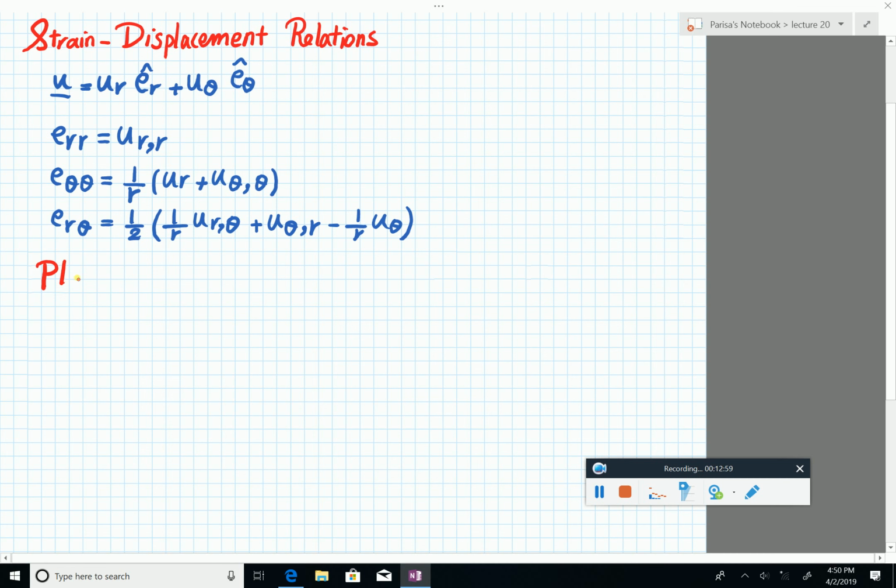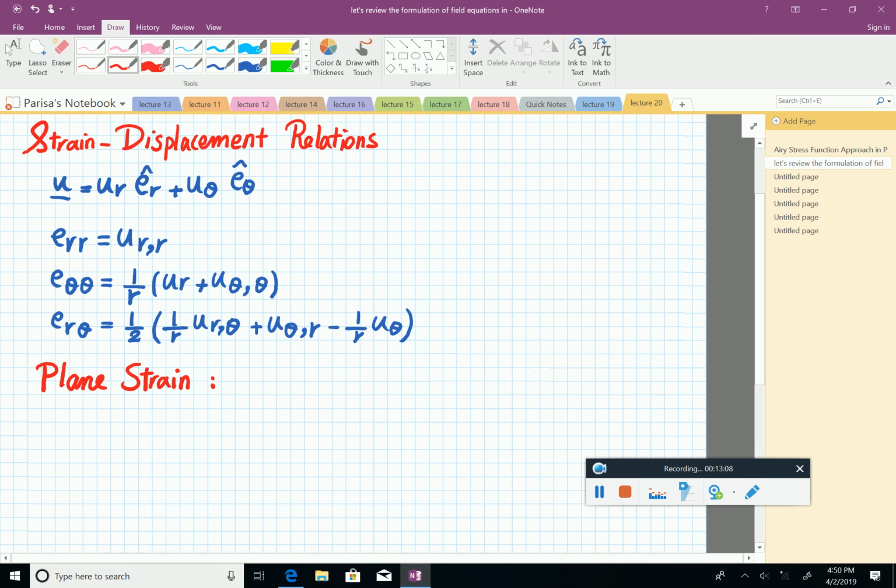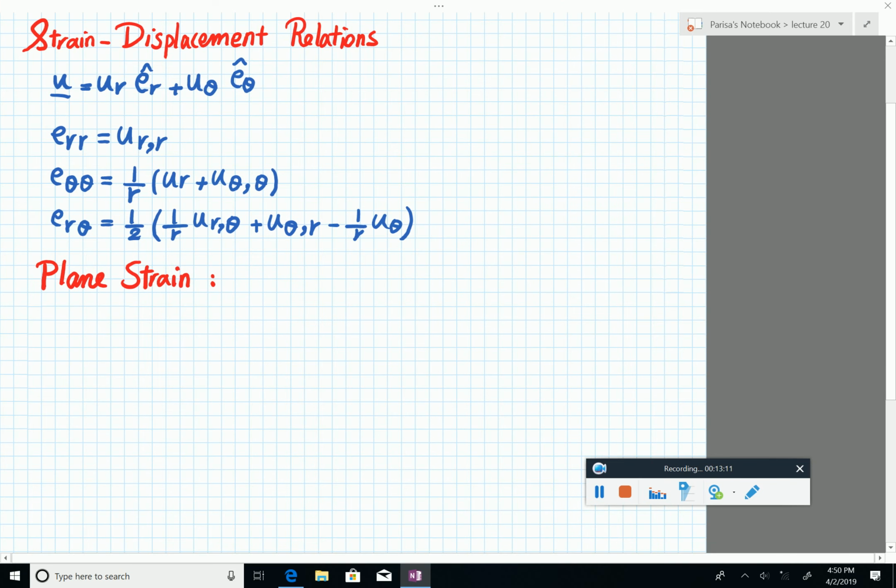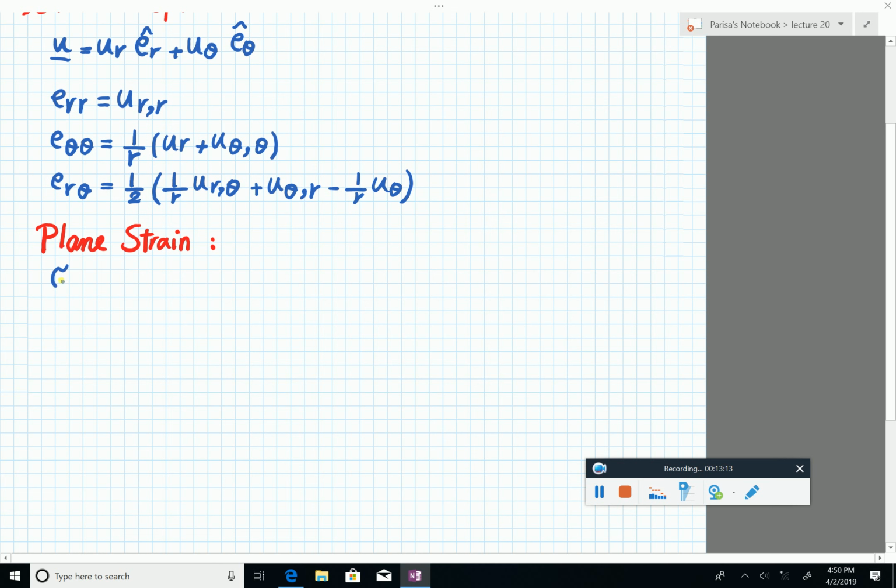So for plane strain, sigma_rr is lambda times (epsilon_rr plus epsilon_theta theta) plus 2 mu epsilon_rr.